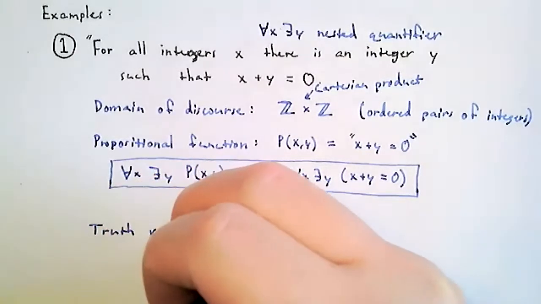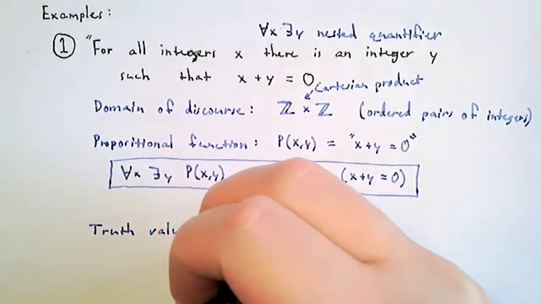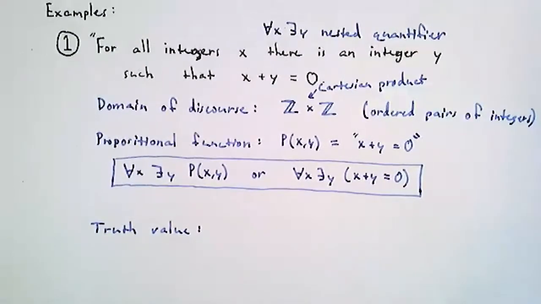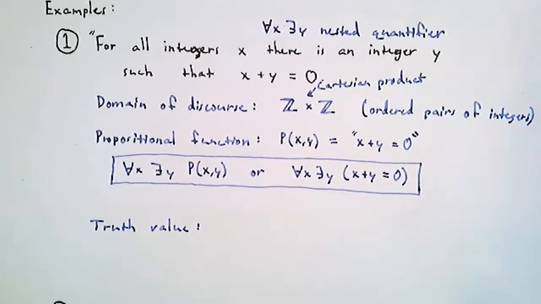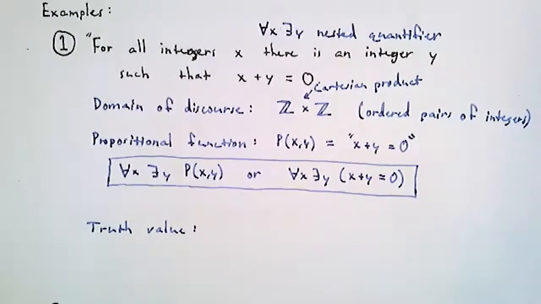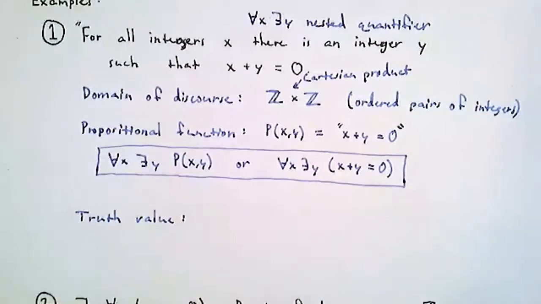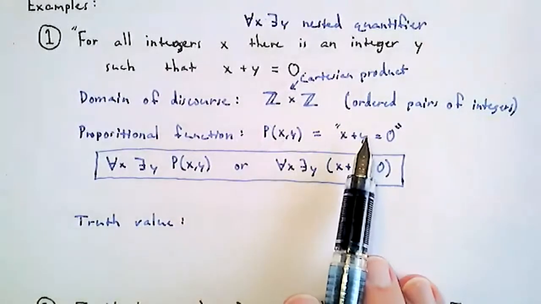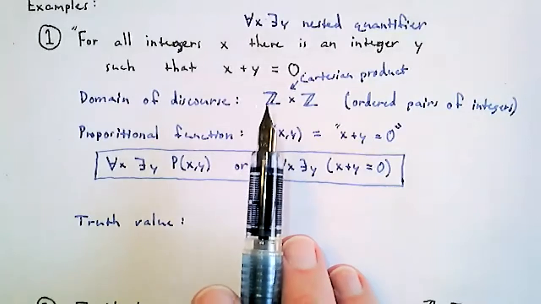Are there any questions over how that worked out before we think about the truth value? The propositional function. So in order to get that part, I just had to look at what the sentence was actually telling me about the variables x and y.